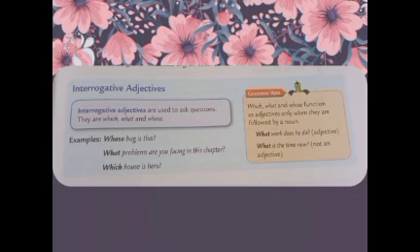Okay, I will give you some examples. What type of pizza do you want? At whose house are you celebrating your birthday? Here, in what type of pizza do you want, type is a noun, and here what is an interrogative adjective. Whose gift did you like most?